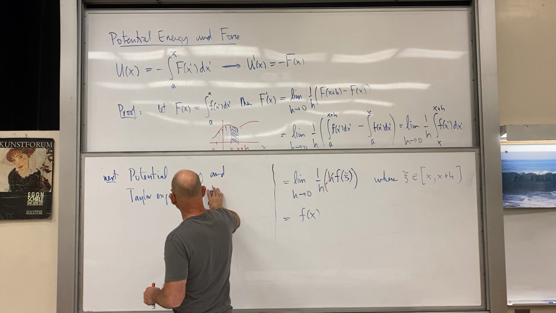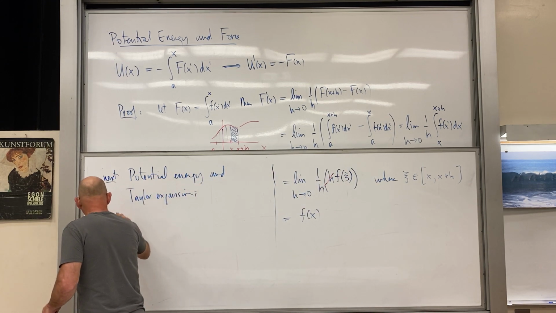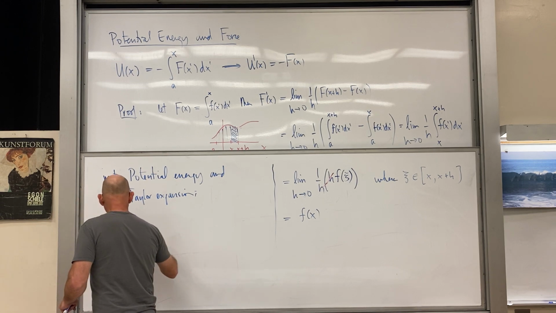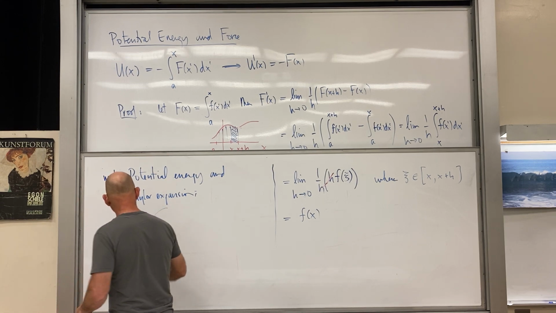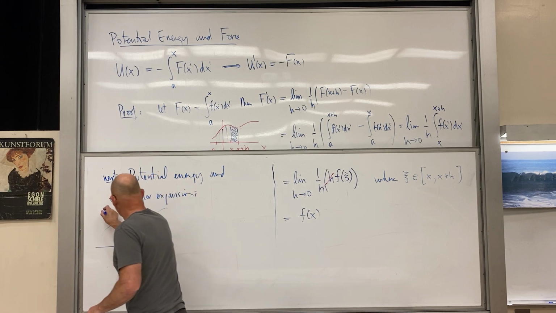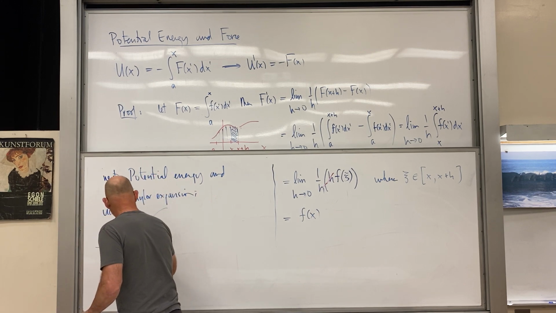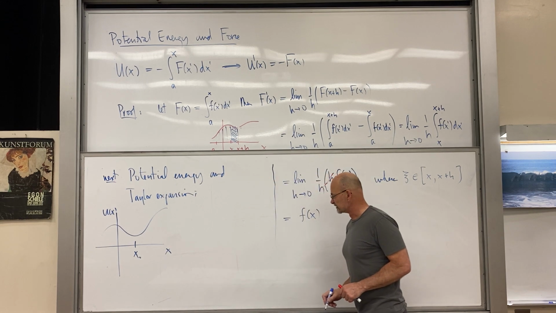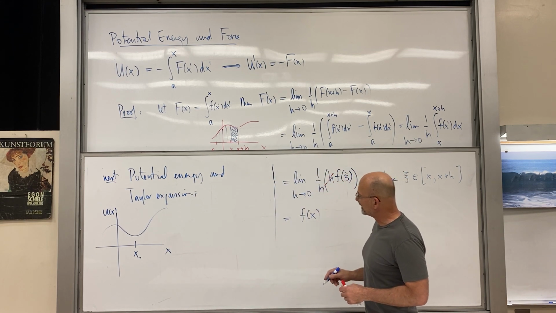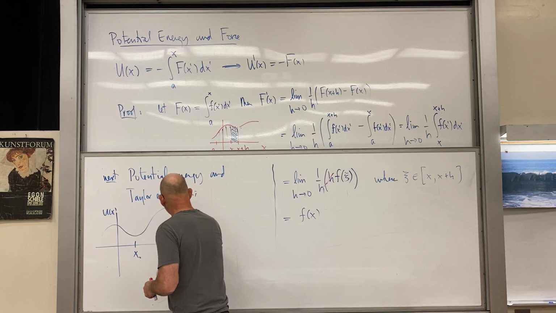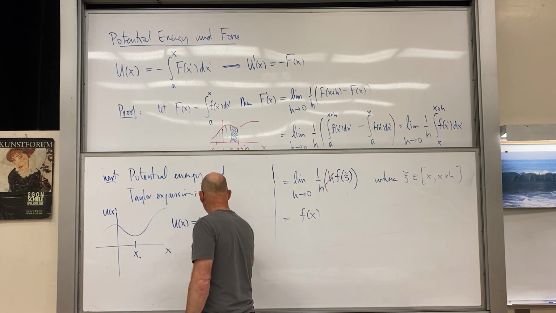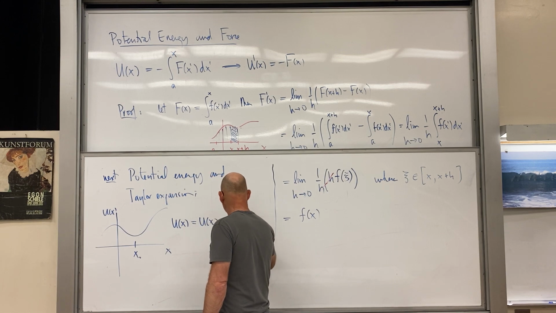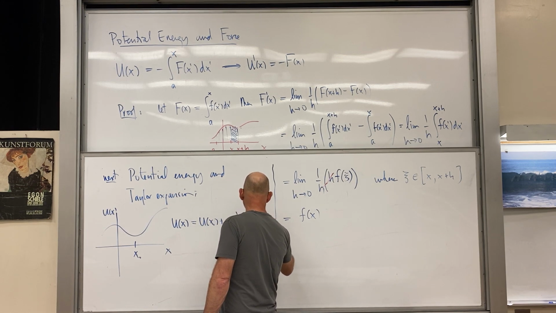So let's go ahead and write this. We had some function with a local minimum, and x0 marks that local minimum. And we had expanded it in Taylor expansion, where we said, okay, u of x0 plus u prime of x0 times (x minus x0).